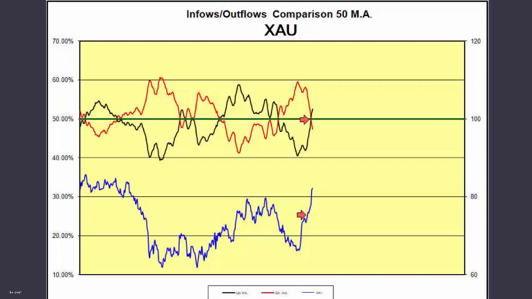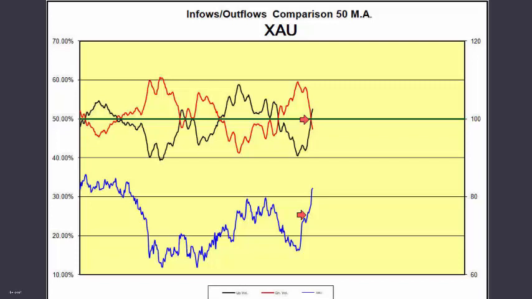The black line represents inflows, and the red line represents outflows. The 50% level is equilibrium. So we can have either a positive crossover, where inflows exceed 50%, or a negative crossover, where the outflows, the sales, so to speak, exceed 50%.